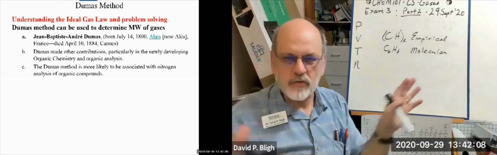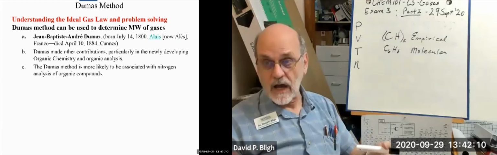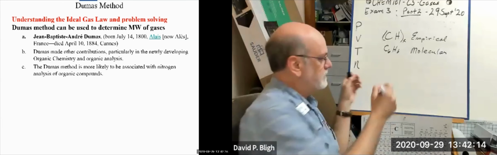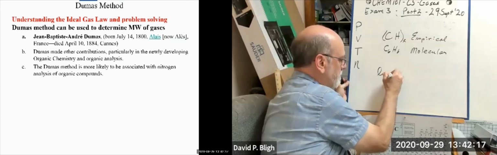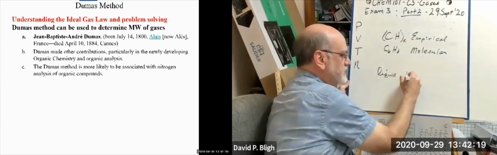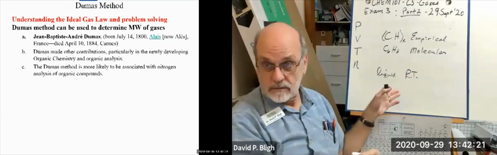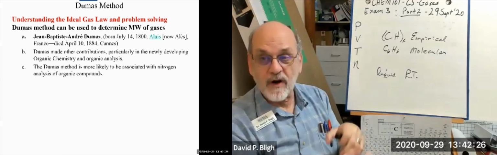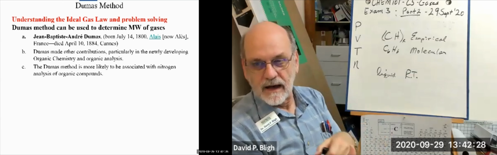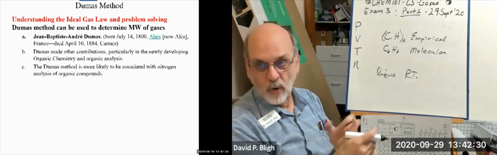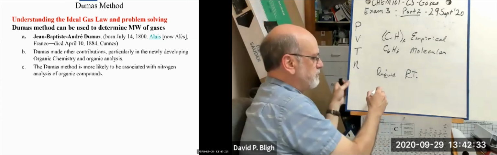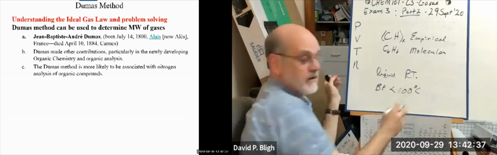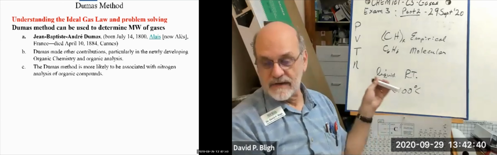So, there are a host of different ways to determine the molar mass of a compound. If the compound is a liquid at room temperature, but it's volatile, in other words, it will vaporize easily in a hot water bath or boiling water, so if its boiling point is less than 100 degrees centigrade, then you can do this method.